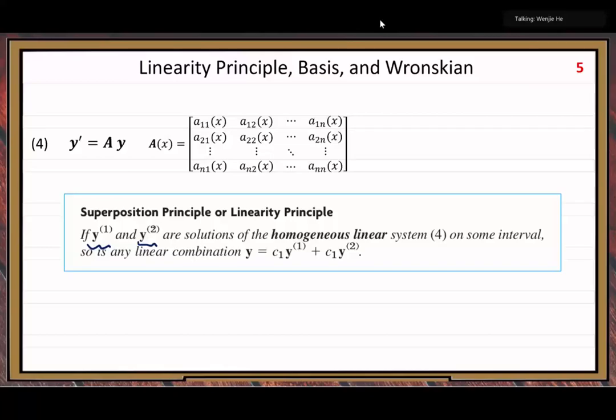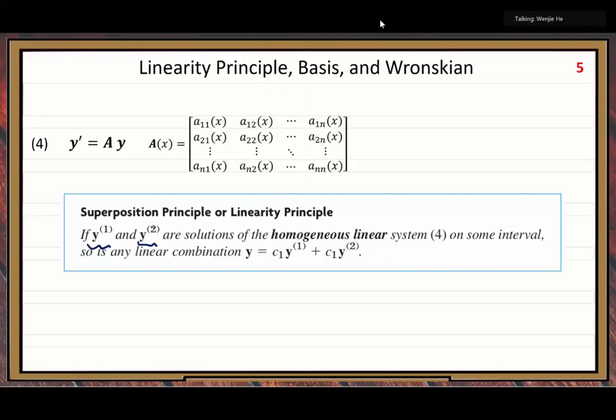So here people use superscripts. But we don't want to confuse the superscript with the power, the exponent number, so that's why we put parentheses around it. But parentheses sometimes get confused with the derivative, so that's another possible confusion you may have.